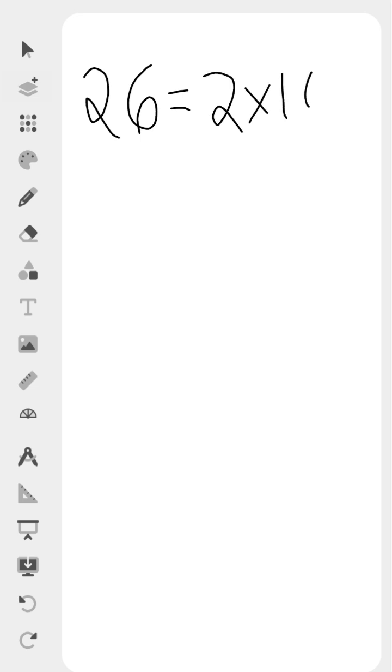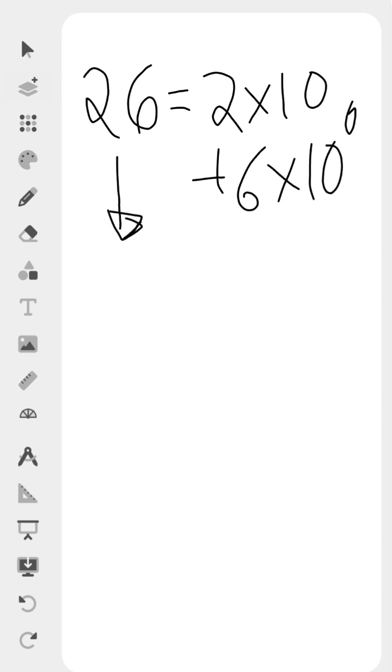How? If I have a number, let's say 26. Now, how will I write this 26? But if I have to expand this in binary form, I'll have to deal with 2 to the powers.